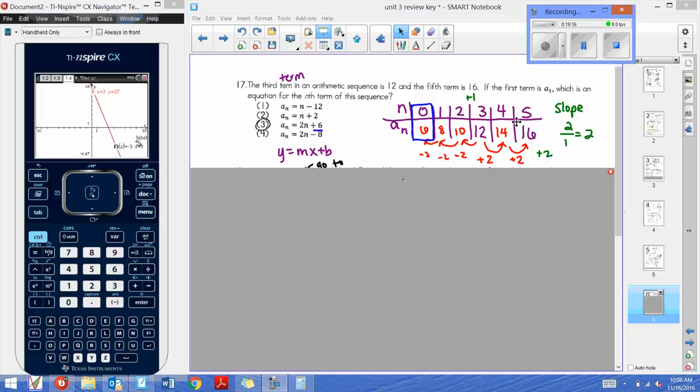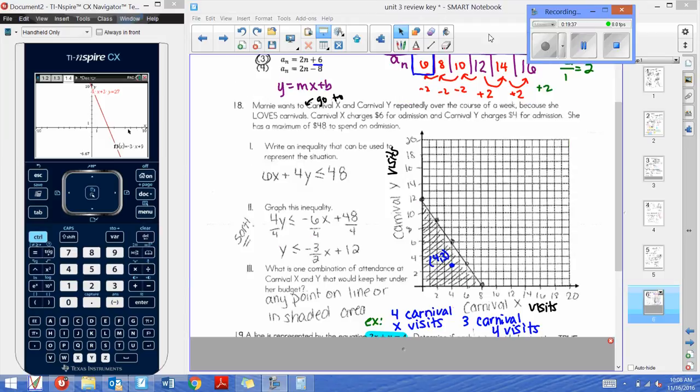So we work backwards in the table by subtracting 2 to get 0, 6. There's my y-intercept. To check your work, graph it. 2x plus 6 is what you would type in over here in the function. Control T and make sure that your table matches up to the table over on the calculator.